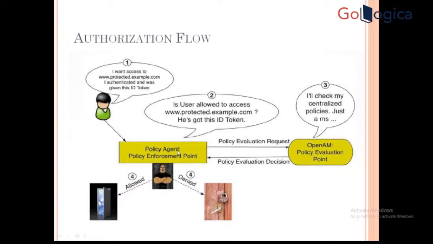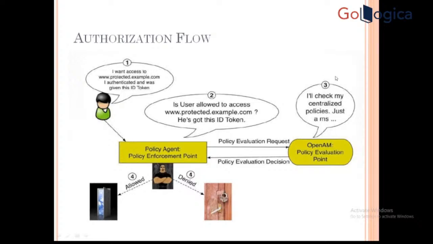Okay. So the policy agent, the policy enforcement point. Here the user is only allowed to access the protected resource if he got this ID token. The policy agent sends the policy evaluation request, called PER. OpenAM is the policy evaluation point. OpenAM checks the policy in the centralized policy database, which is called the CFG store.